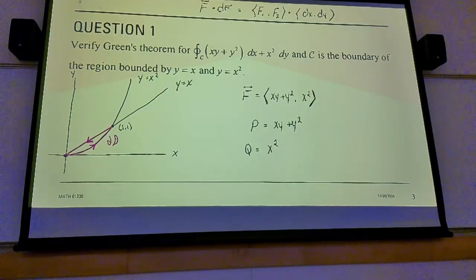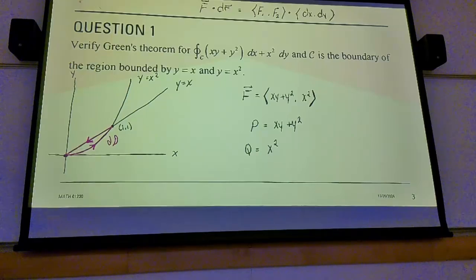The boundary of the region, I agree. In terms of line integrals, you're not parameterizing a region. You're parameterizing a path. Okay. That path being what we have in pink here, right? Okay. We're not going to parameterize the region. Right. It's just the boundary, the path itself, that we want to parameterize. Yeah. Okay.